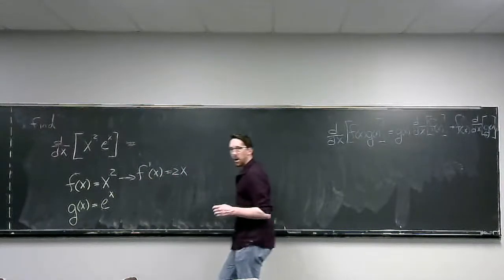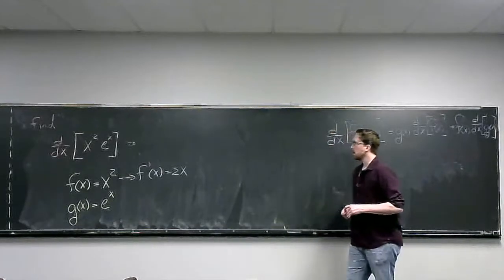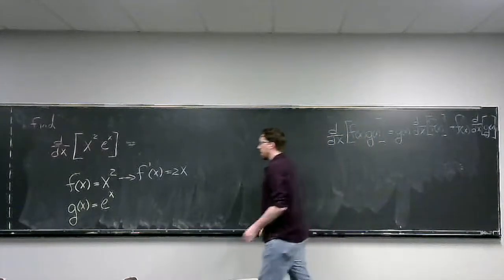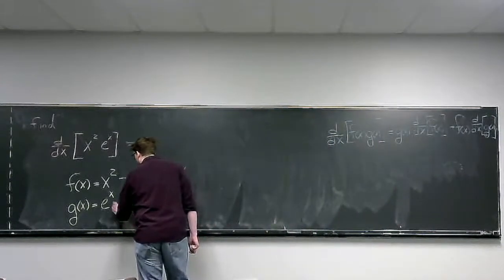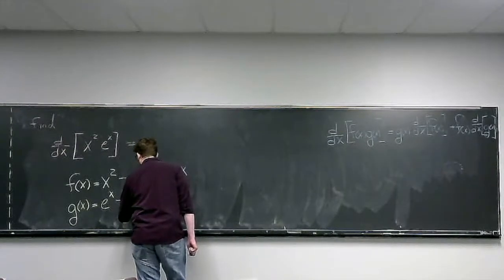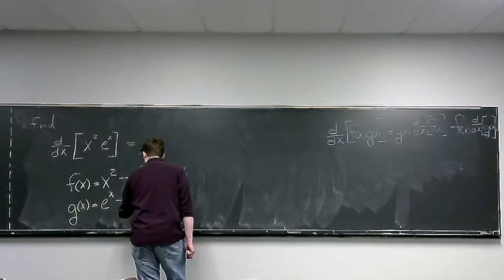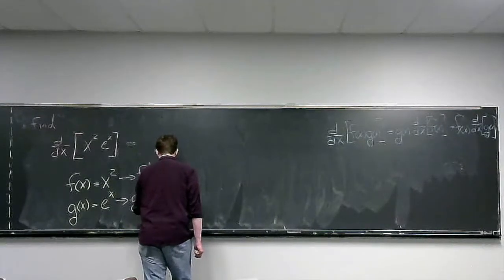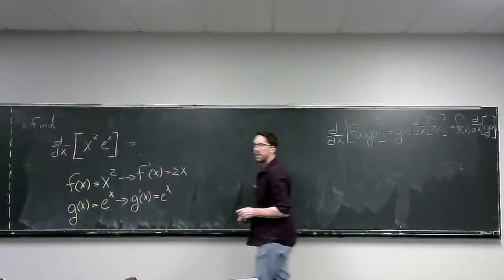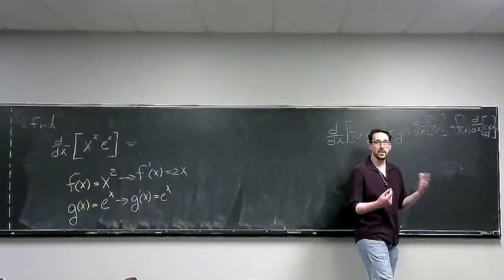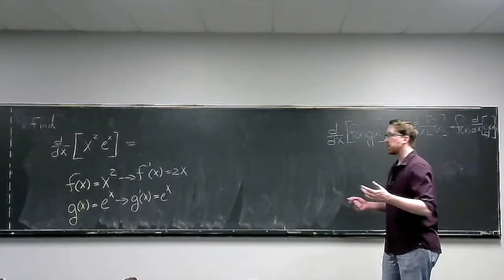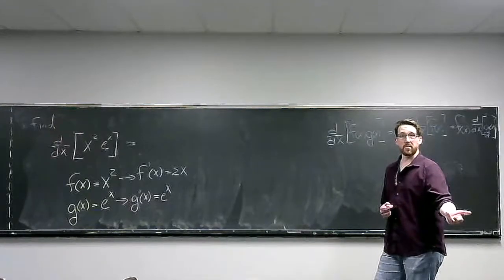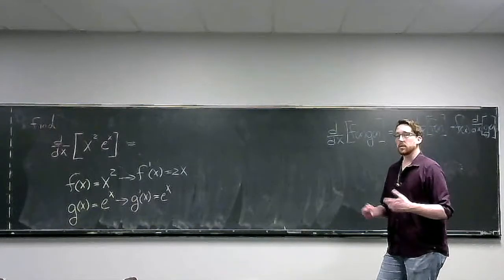That's by the simple power rule. And g primed of x is just going to be e to the x. That's because d dx of e to the x is just e to the x. So the derivative of e to the x is just e to the x.